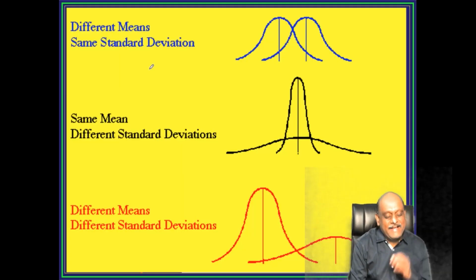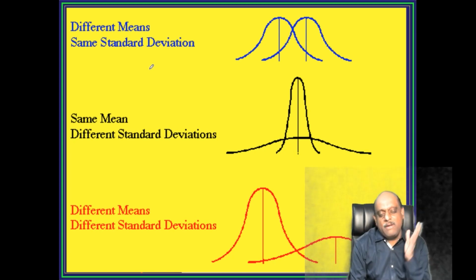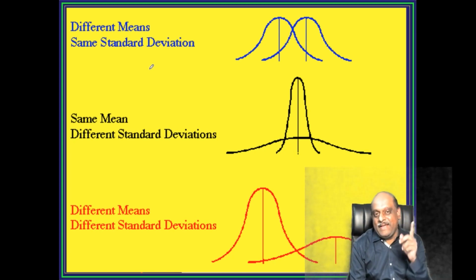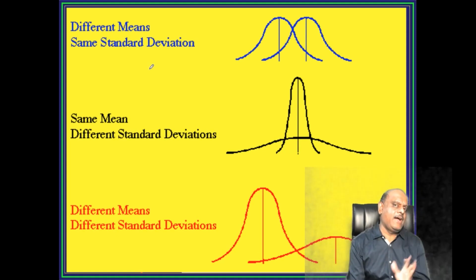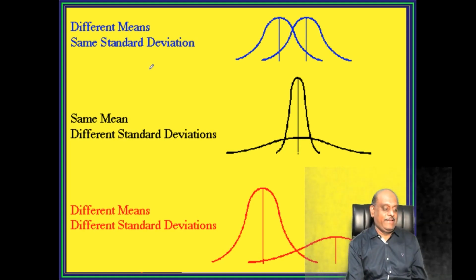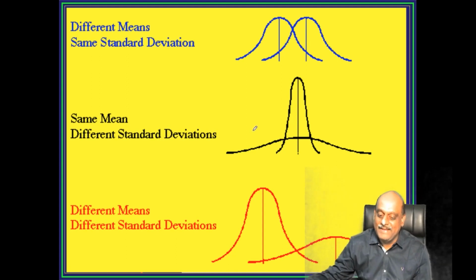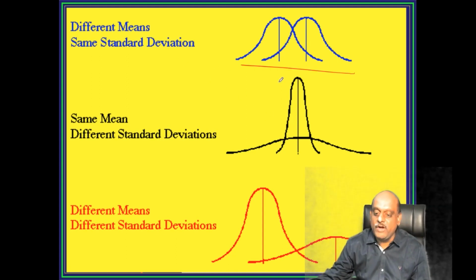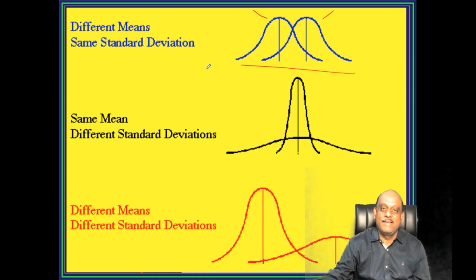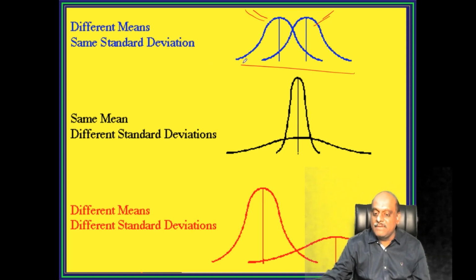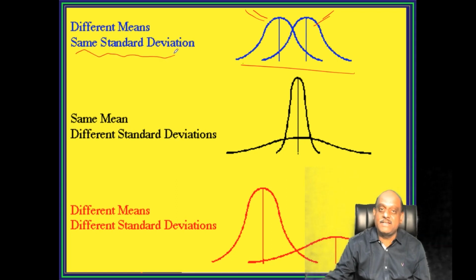अभी मैं एक गर्मा गर्म क्वेश्चन, कल के नीट पीजी में एक ग्राफ आएगा और एग्जामिनर आपसे खेलेगा खेलेगा खेलेगा. मुझे मालूम है एग्जामिनर क्या सोच रहे हैं. In this what you have, there are different means. There are different means, but both of them have the same standard deviation.